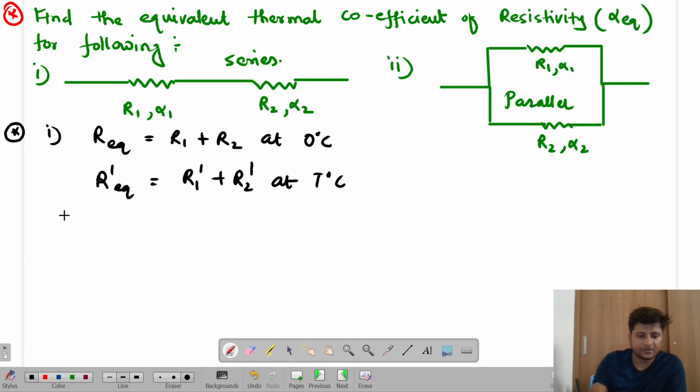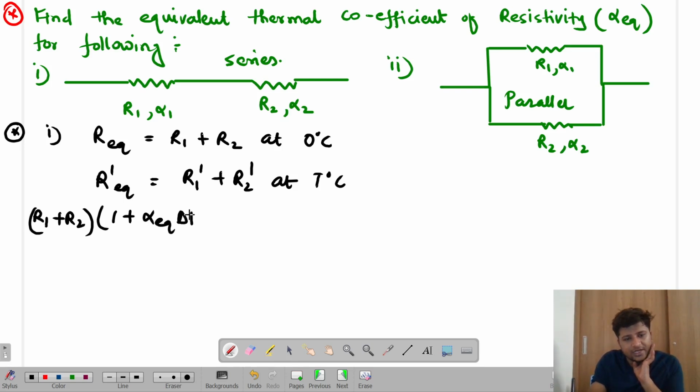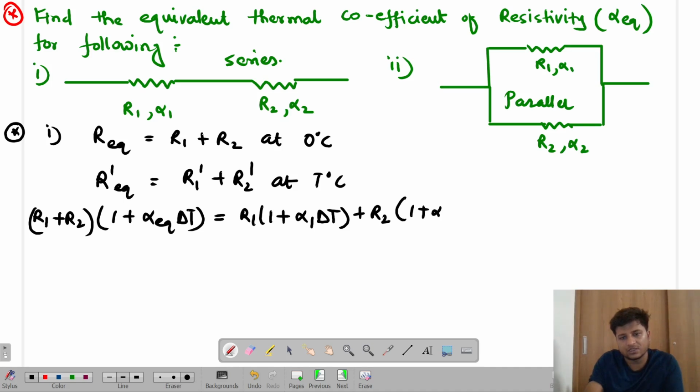So R dash equivalent will be simply R1 plus R2, because they are in series, into 1 plus alpha equivalent into delta T, or not. For R dash equivalent, I am saying. Got it? So R1 dash will be simply R1 into 1 plus alpha 1 delta T, and R2 dash is R2 into 1 plus alpha 2 delta T. Is that clear or not?